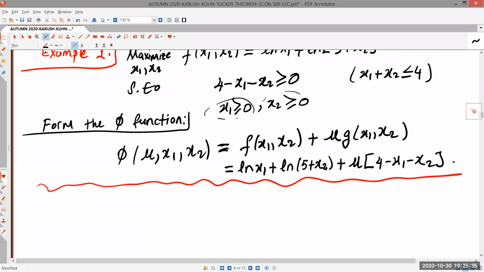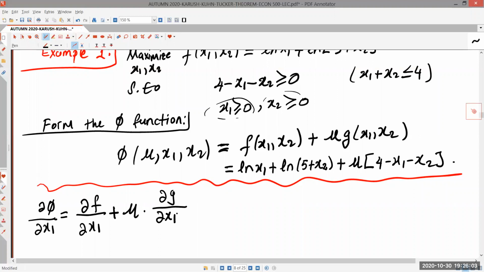This is the phi function, and we take the derivative of phi with respect to x1. When I take the derivative of phi with respect to x1, I get the derivative first of f with respect to x1 plus this dual variable mu times the derivative of the constraint function with respect to x1. And what is the requirement for this?